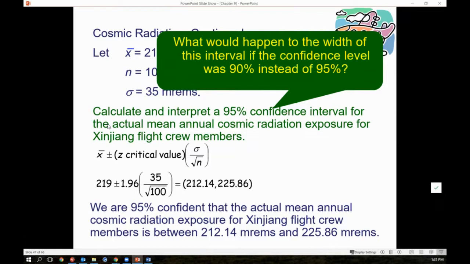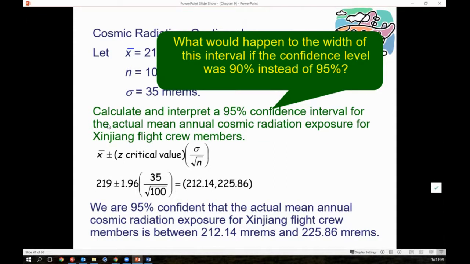Okay, what would happen to the width of, let's go back to our Xinjiang airplane example, what would happen to the width of the interval if we instead said 90% instead of 95% confidence? The width would shrink. That's right.